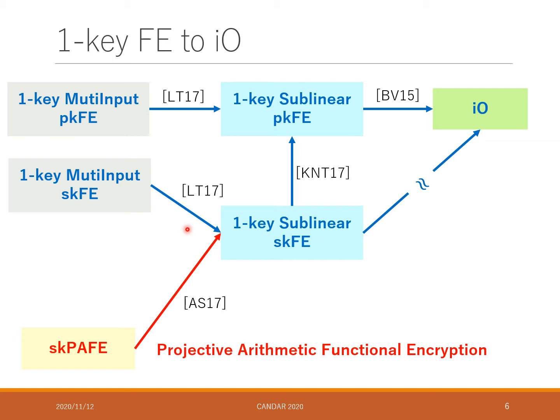For another direction, AS17 proposes a projective arithmetic functional encryption. In their paper, the secret key PAFE is proposed, and SKPAFE implies single key sublinear secret key functional encryption.